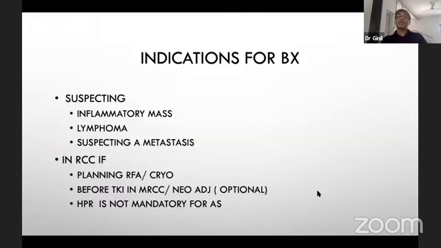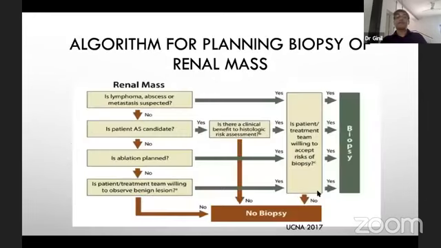The indication for biopsy is when we are suspecting an inflammatory mass or lymphoma or metastasis, or in RCC, if you are planning for an RFA or a cryo, or before a TKI as part of neoadjuvant or metastatic treatment, or with active surveillance, but in active surveillance it's not mandatory.